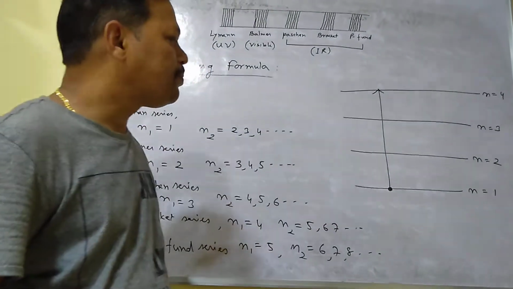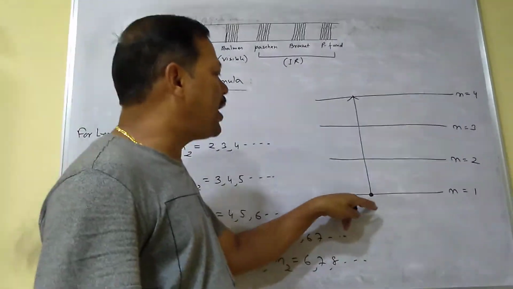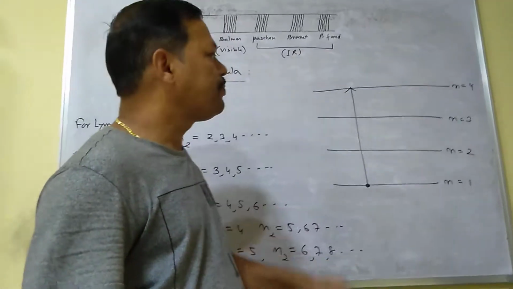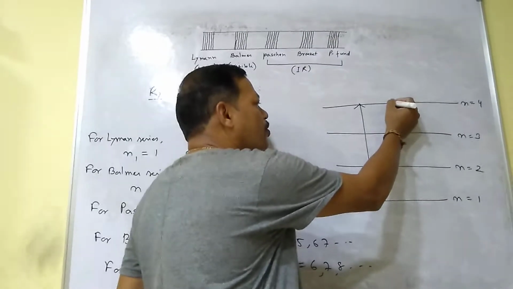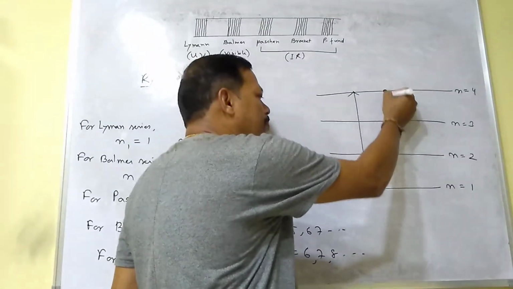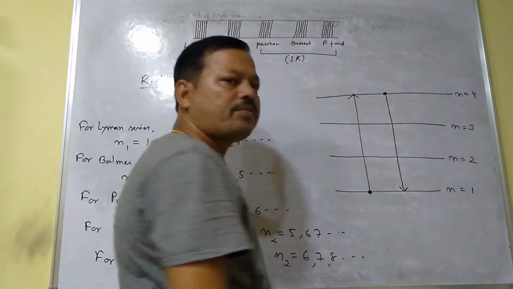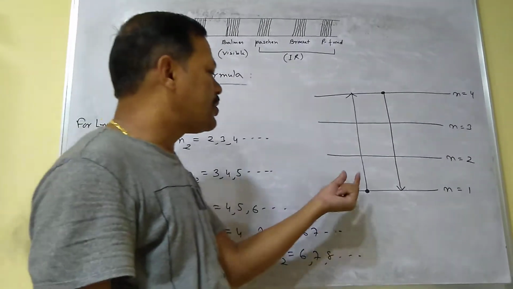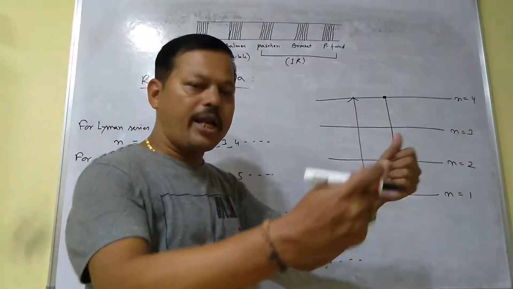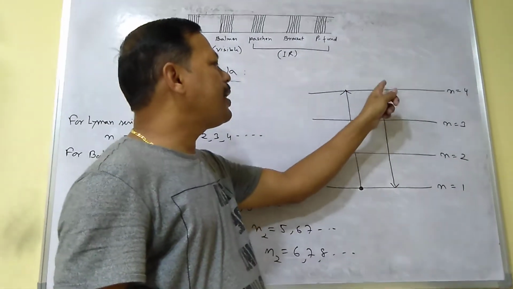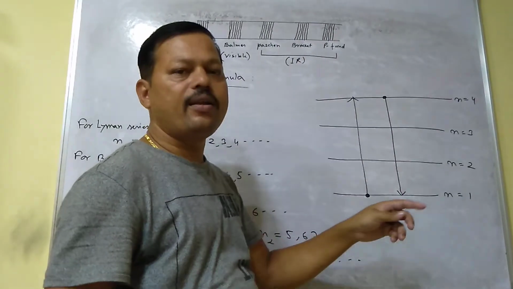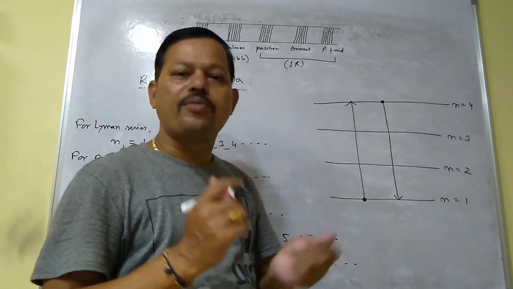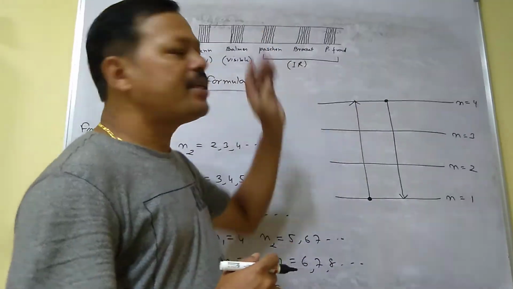When the electron jumps from the first shell to the fourth shell, it cannot stay there for a long time. Again it will come back to the ground state, the original state. When the electron jumps from a lower to a higher level, it absorbs energy. But when the electron comes from a higher level to a lower level, it emits energy, in the form of light. And that is why you can see the spectrum.